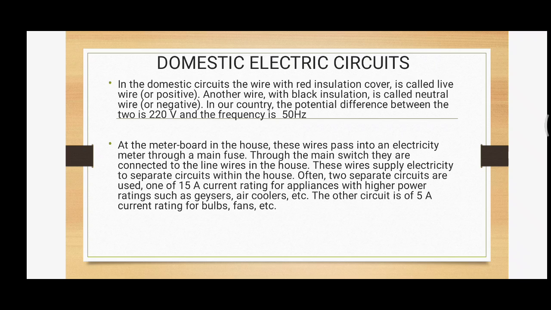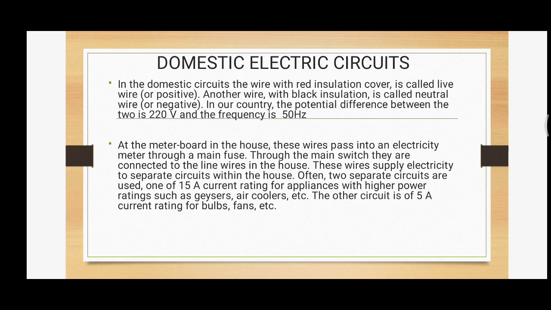The red wire in household wiring carries the phase line, the live line, and the black wire is the neutral line or the negative line.